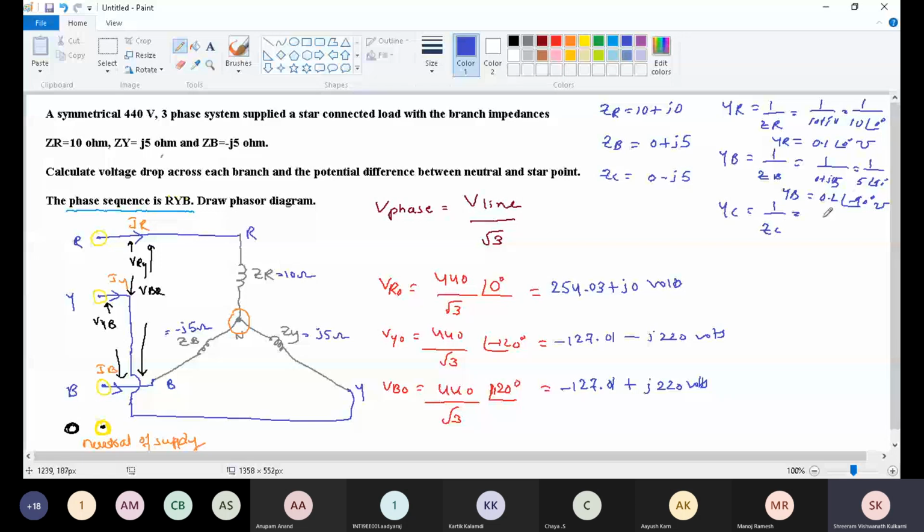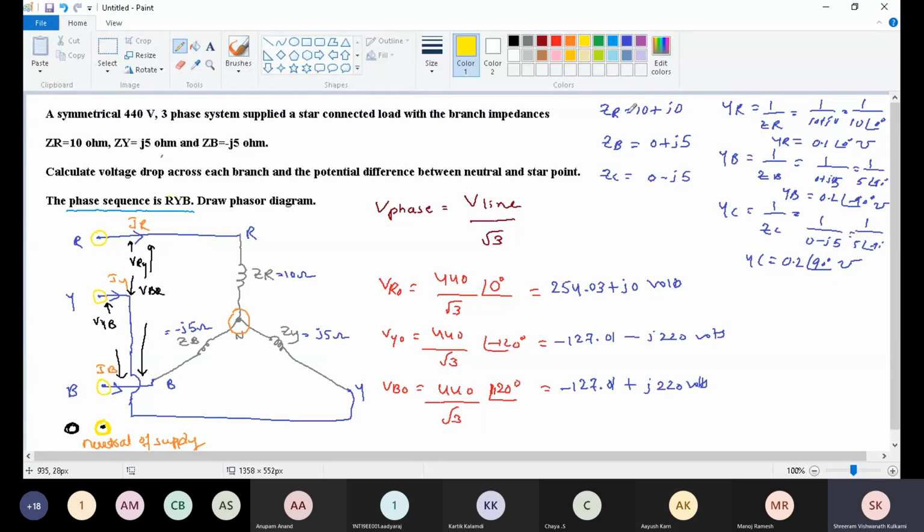Then coming to ZC, 1 by 0 minus j5, so 5 and angle of minus 90 degree. So I'll get YC as 0.2 angle of plus 90 degree mho.